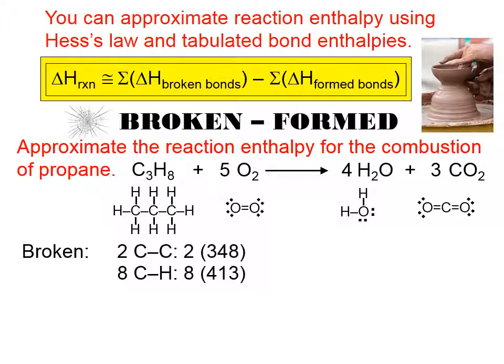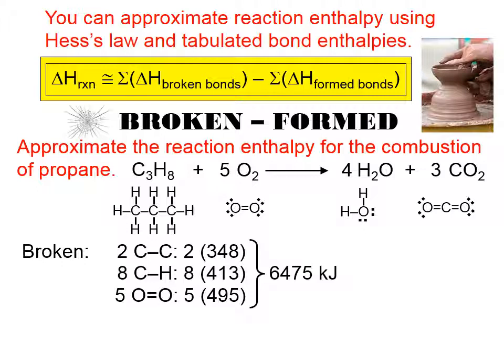Similarly, we need to break a total of 8 carbon-hydrogen bonds. Then we need to break a total of 5 oxygen-oxygen double bonds. You can see that I've drawn a picture and there's only one double bond there, but there's a coefficient of 5 in the equation. So we actually have to break 5 of those, and the bond enthalpy is 495 kilojoules per mole. Those are all the broken bonds.